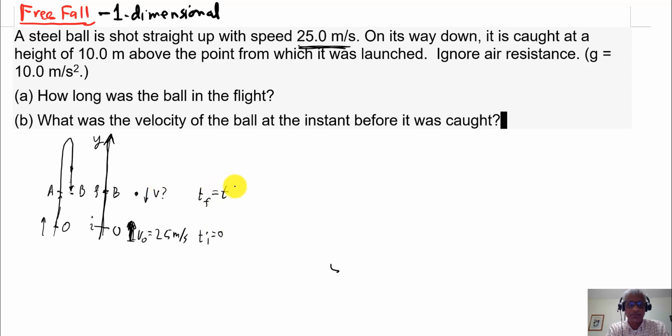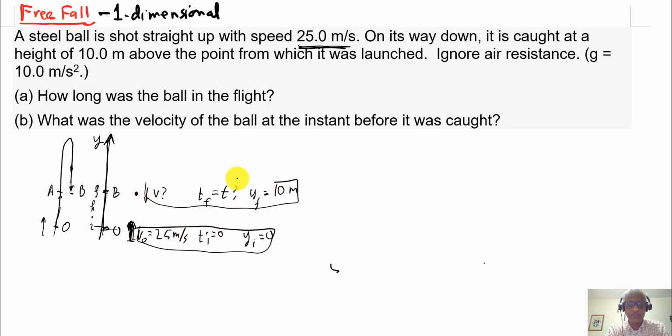So this is not known and this is not known. y initial is, by design, taken to be at the origin. So this y final is, say, this height h, which is 10 meters, given. So these are things about initial, and these are things about final, and in between, that's the in-between.